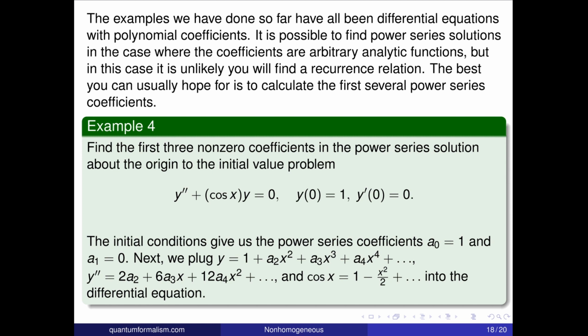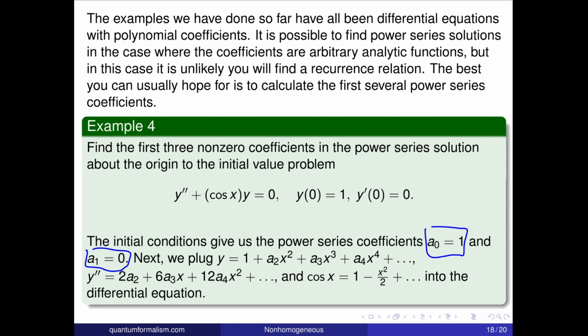First of all, we know two of the power series coefficients already. A0 is 1 and A1 is 0. That's just reading off from the initial conditions. A0 is just the value of the function at 0. A1 is the value of the first derivative at 0.